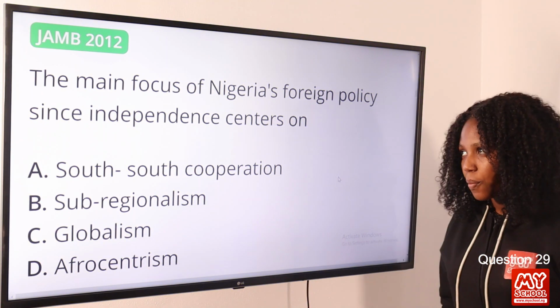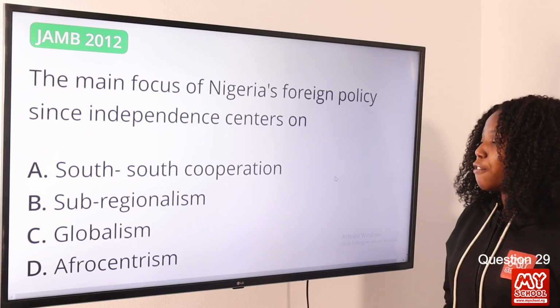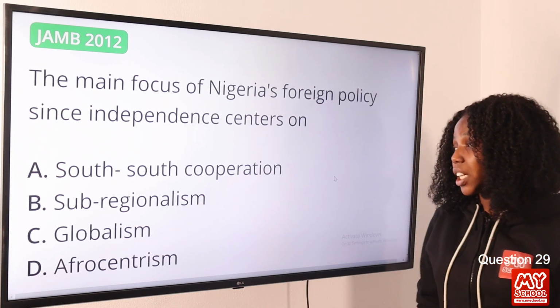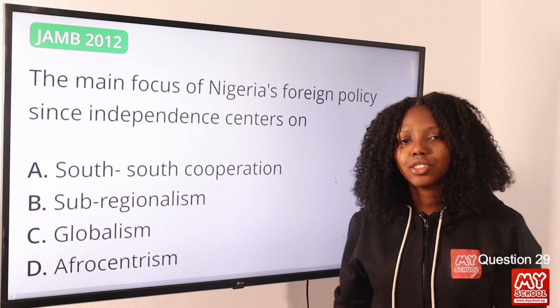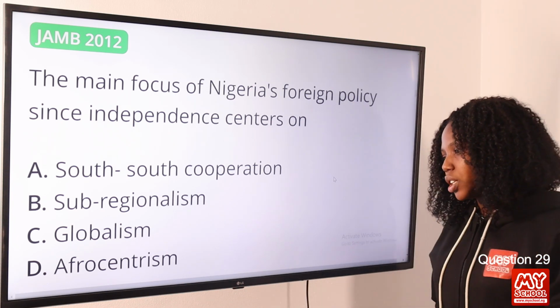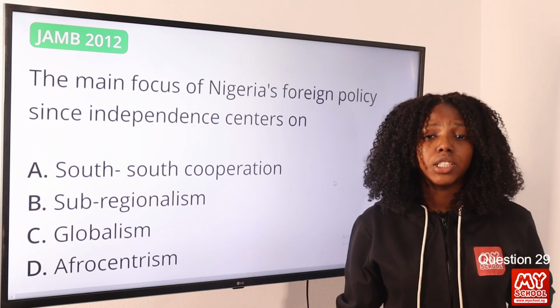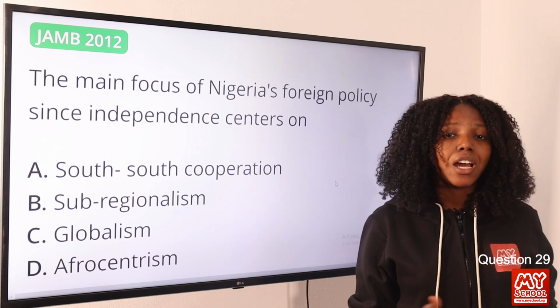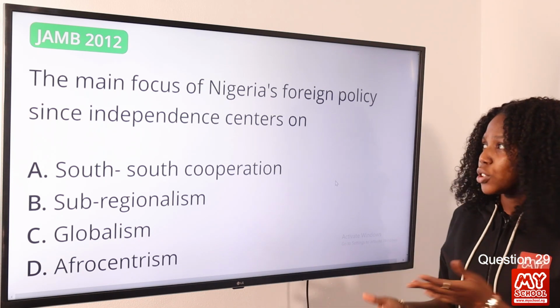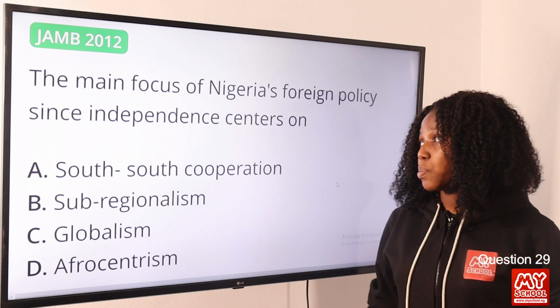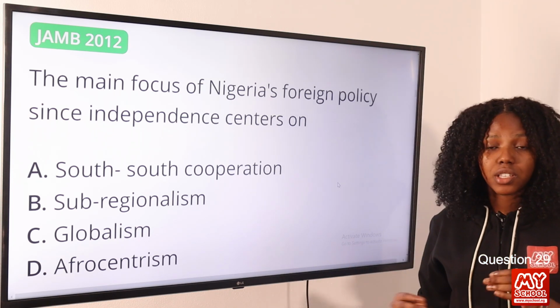Question 29. The main focus of Nigeria's foreign policy since independence centers on dash. The answer to this question is option D, Afrocentrism. Generally, Afrocentrism focuses on the history of the African people. So the main focus of Nigerian foreign policy since independence centers on Afrocentrism.